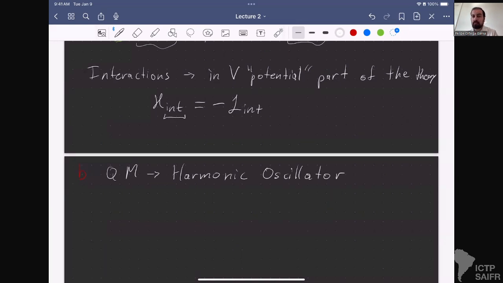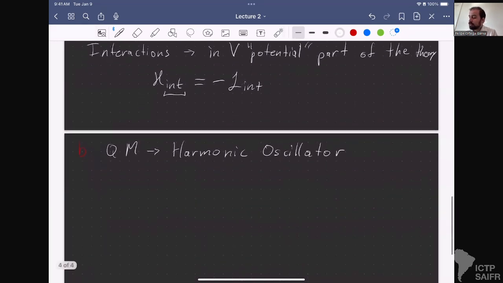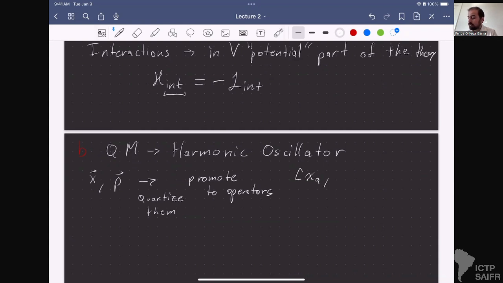We have the harmonic oscillator, and what we do is we have position and momentum, and we quantize them, meaning we promote them to operators that satisfy certain commutation relations. So the most important one is that the momentum and the position do not commute.